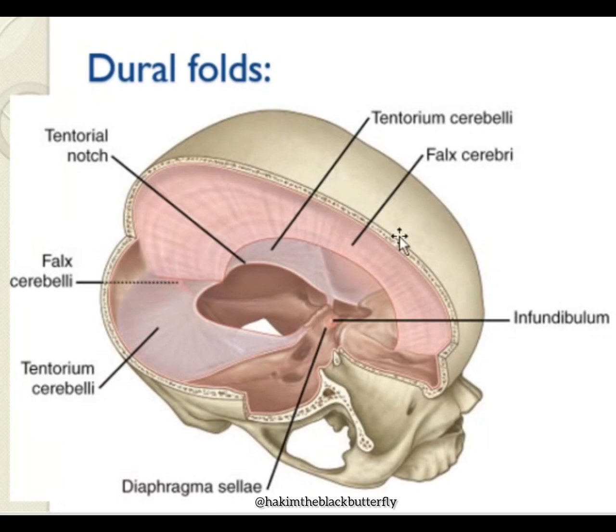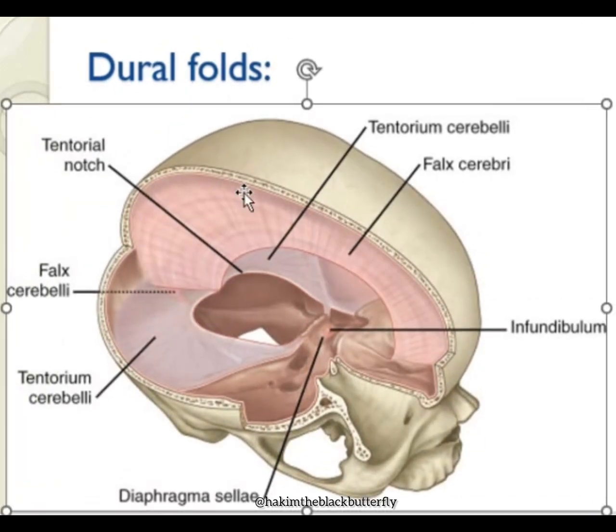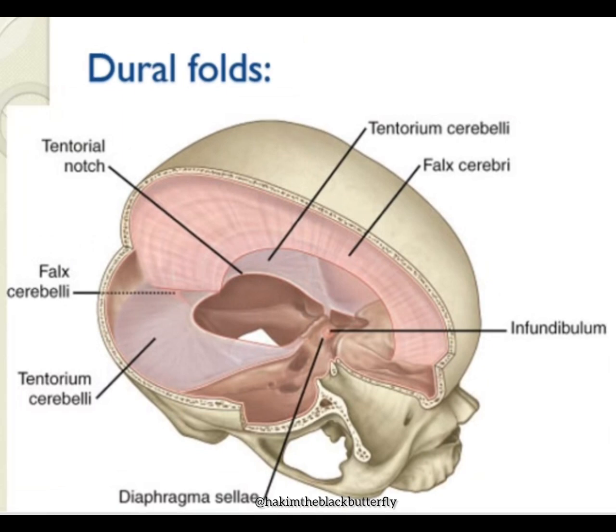Now, this is almost a three-dimensional image of the dura mater folds. This fold of dura mater, which is between the cerebral hemispheres, lies in the median longitudinal fissure. This fold of dura mater is the falx cerebri. It is sagittal.